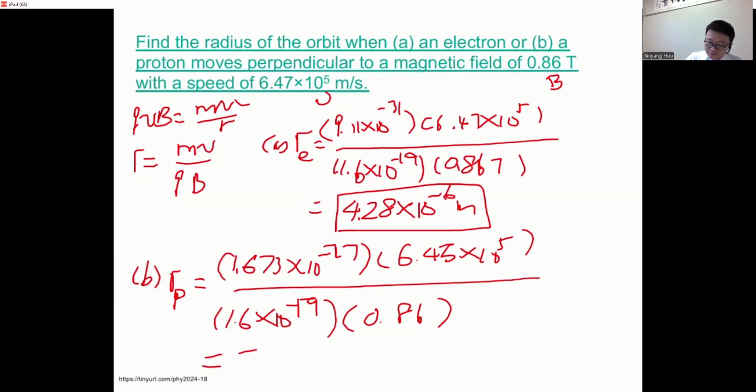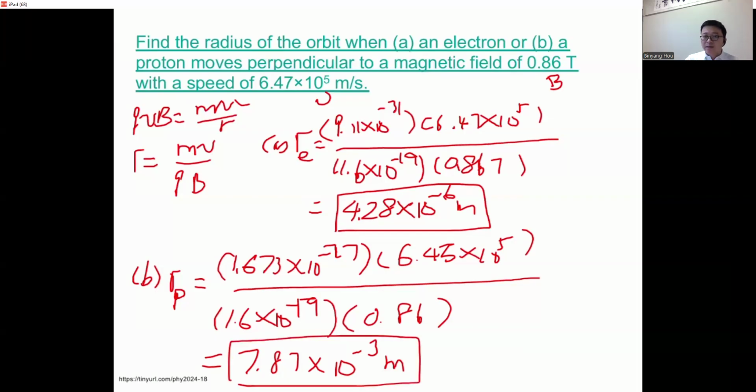This gives you 7.87 times 10 to the minus 3, in meters. So the main difference is the mass: the proton has a larger mass than the electron. The rest are the same, but at the end you get different radii for the two.